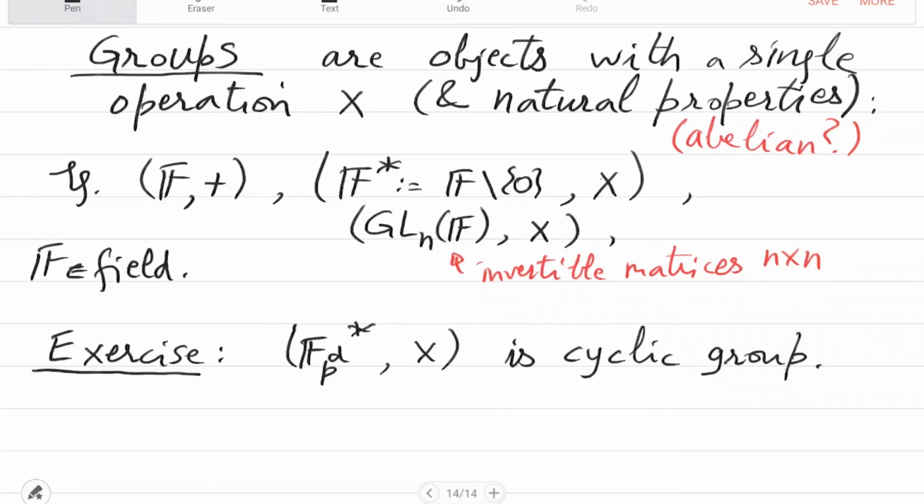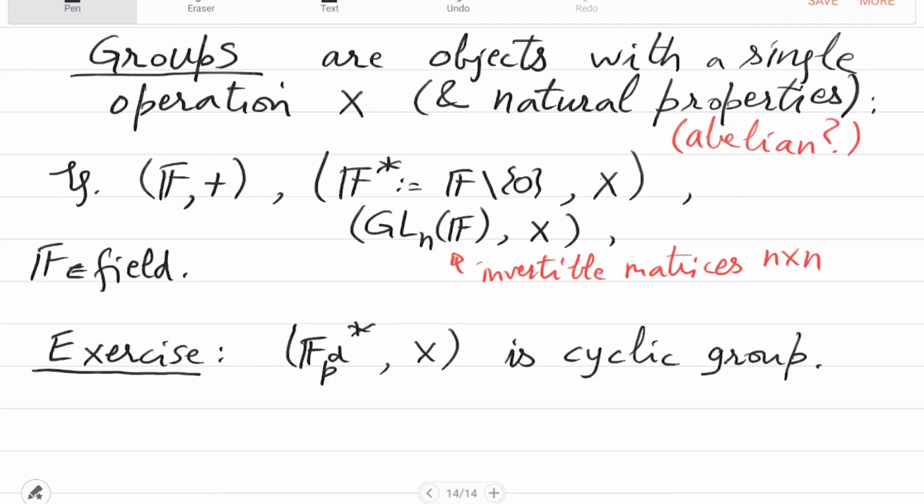This is an interesting property with a relatively elementary proof, so go through the proof of this. In particular, it's already mysterious for d equal to 1. So F_p star is a cyclic group, right? You are looking at integers modulo a prime, and what we are saying is that there is a single number g such that its powers will produce 1 to p minus 1 mod p, which already is unexpected.